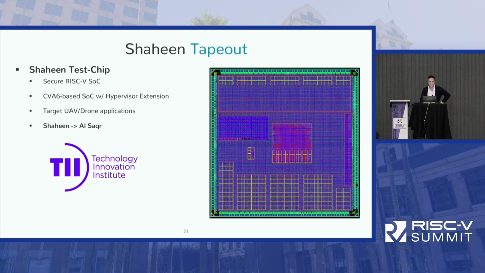This is an SoC specifically developed for UAV drone applications, with security as the main driver. This is a test chip that just came out a few weeks ago. They are testing it. We implemented the hypervisor extension. This one is single core. We are expected to produce a second version next year with a dual core configuration.